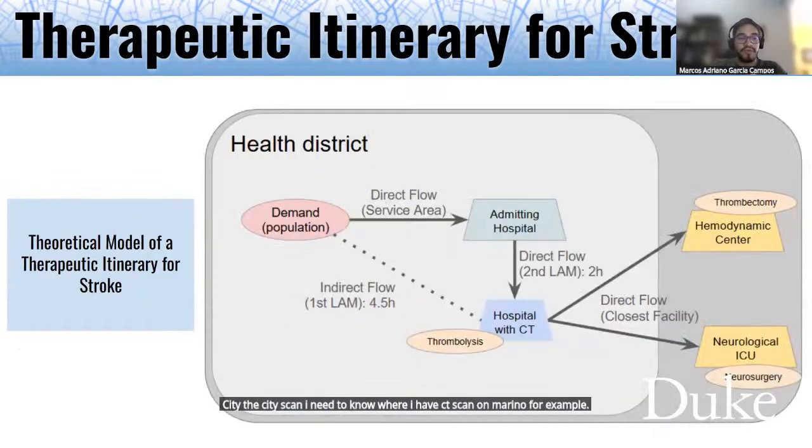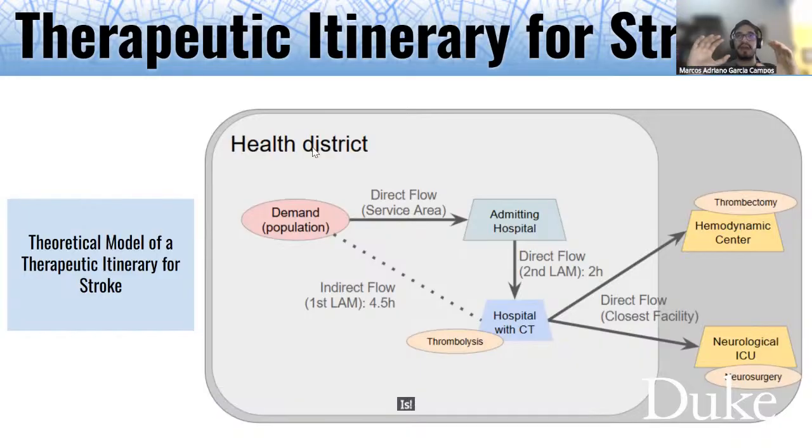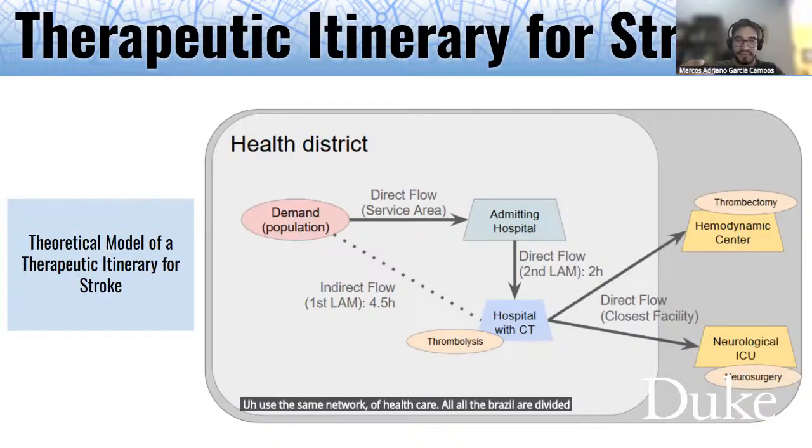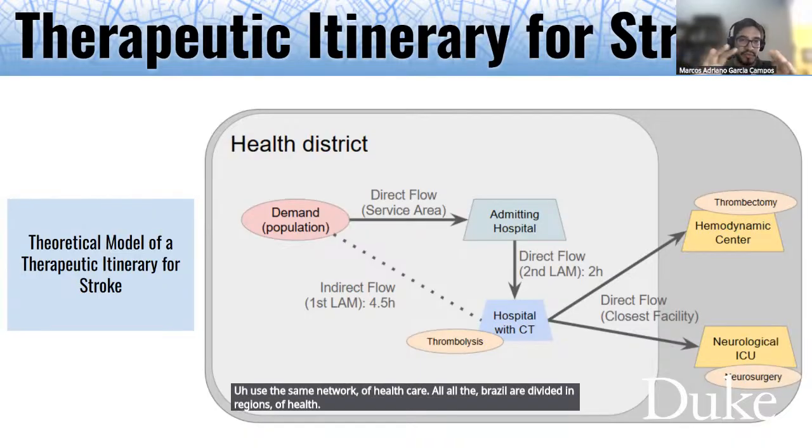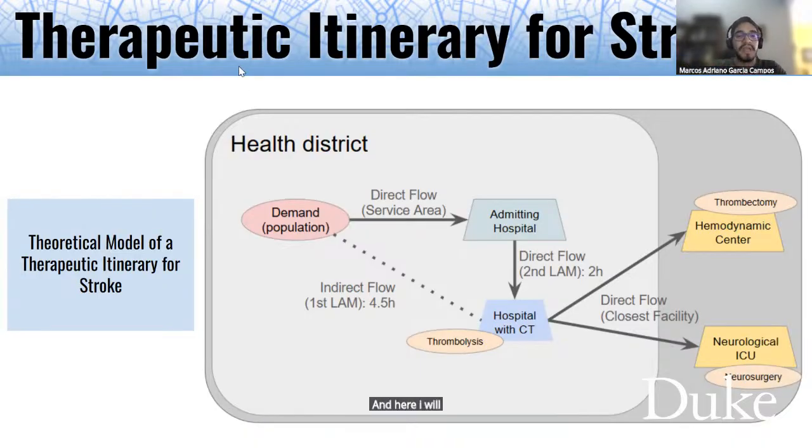My theoretical model is the following. I have a health district. In Maranhão, we have three health districts. It is an aggregation of cities that can use the same network of healthcare. All of Brazil is divided into health regions, and here I will call them health districts.